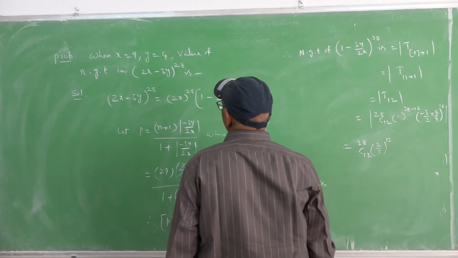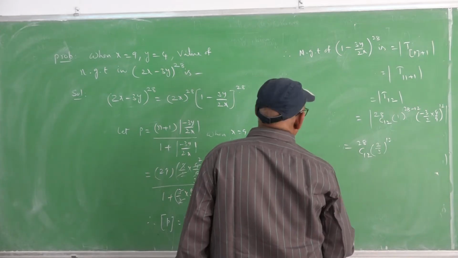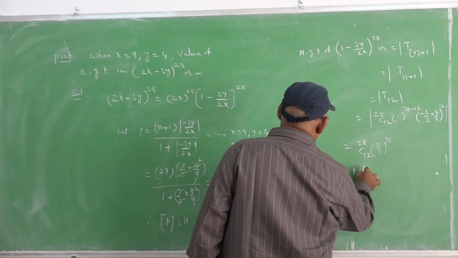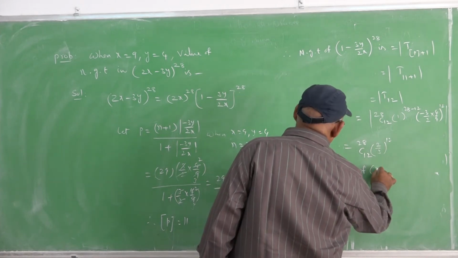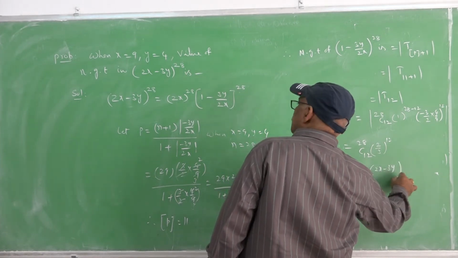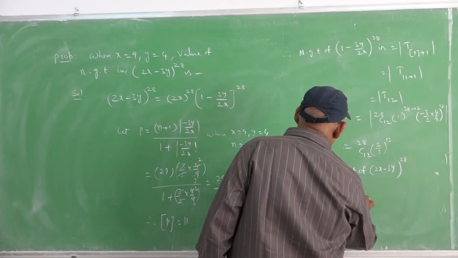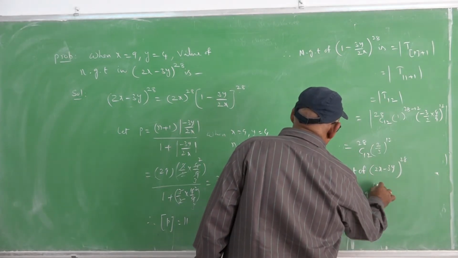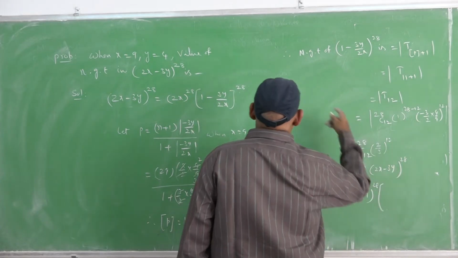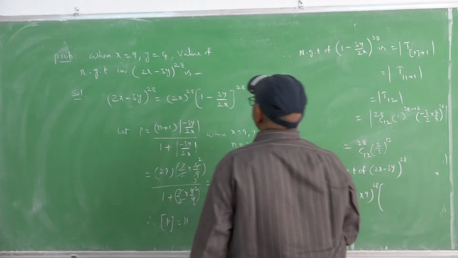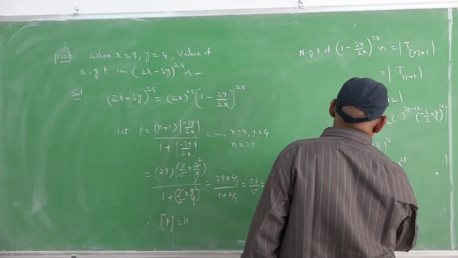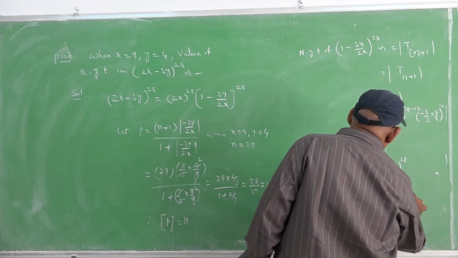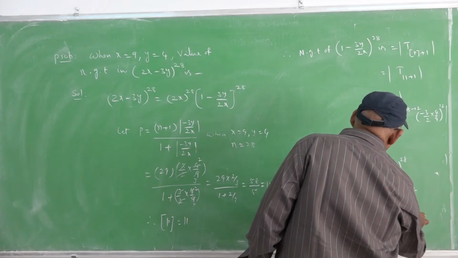Therefore, the numerically greatest term of the given expansion, (2x minus 3y) whole power 28, is equal to 2 into x, means 9, whole power 28, into the numerically greatest term of this one. The numerically greatest term of this expansion is 28C12, 2 power 12 by 3 power 12.